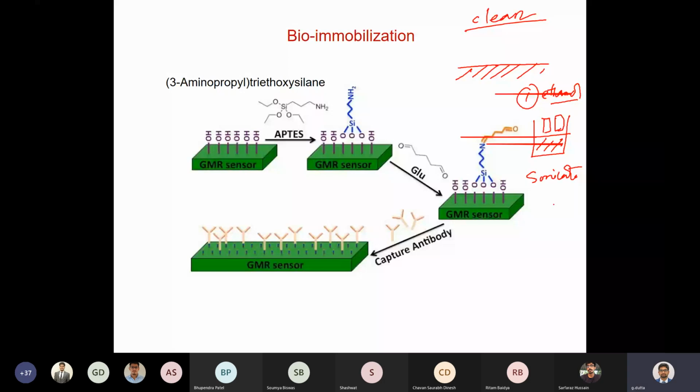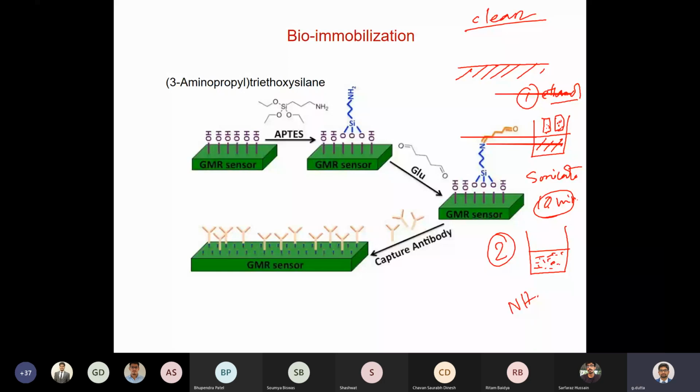Number two, after this 10 minutes of sonication with an organic solvent like ethanol, you have to dip the electrode again in a beaker that contains ammonium hydroxide plus H2O2, which means hydrogen peroxide, plus water.